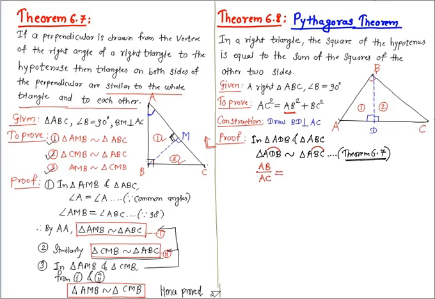So what will be the ratio? AB by AC is equal to, now what we need is AB square. So if we get AB in the denominator here, and if we cross multiply these two terms, we can get AB square, right? So this AB is from the second triangle, which is first and second position. So in the denominator, we'll write from the first triangle.